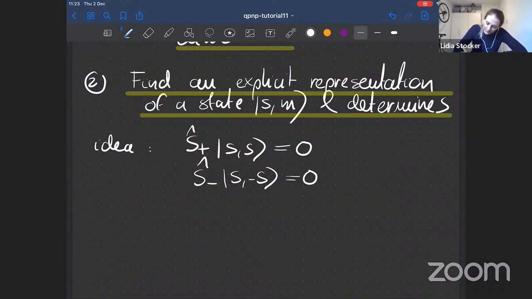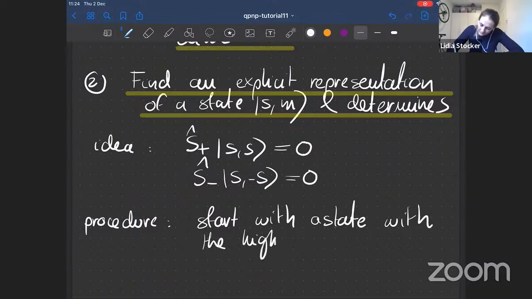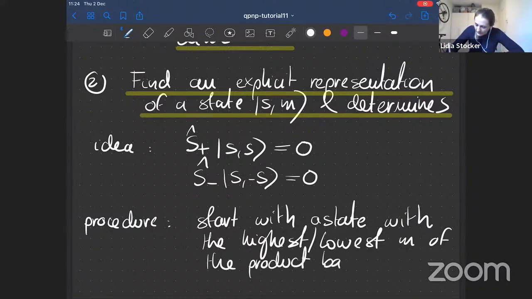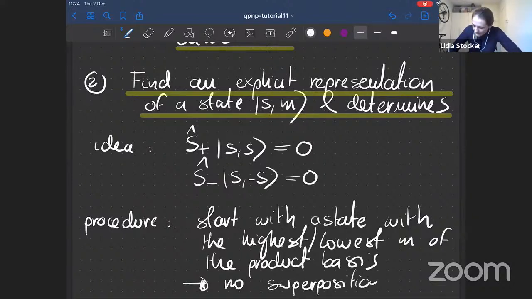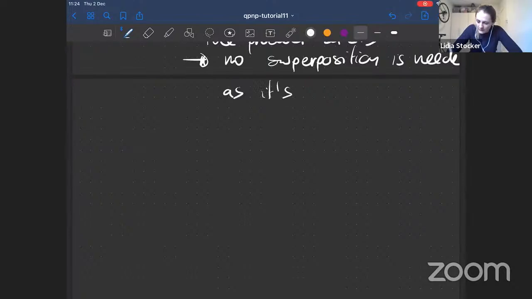And so what is the procedure? Start with a state with the highest or lowest M of the product basis. And therefore, we know that no superposition is needed, as it's unique.